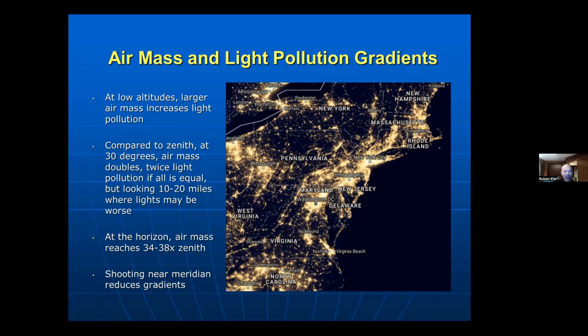But of course, odds are you've gone to a dark sky site, and everywhere around you is worse than where you are right now. And there it is at the horizon. The air mass reaches 34 to 38 times that at the zenith. So shoot as high as you can to reduce gradients.